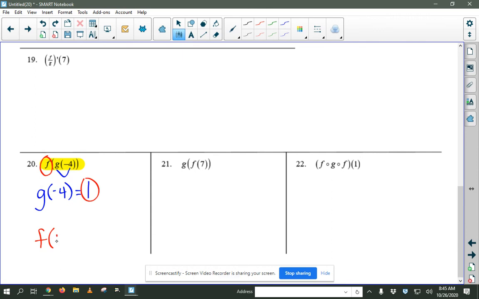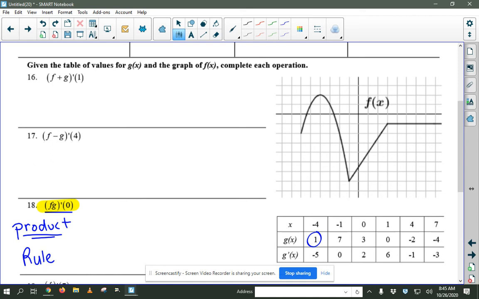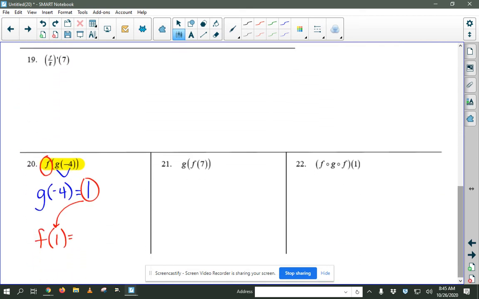So I'm going to say, okay, now I have to evaluate f of 1. Right, whatever my answer is becomes the input for my outside function. Okay, so now I gotta go to my graph, and f of 1 is -4. Who makes up these problems? All right, I get -4. And so f of g of -4 happens to also be -4.